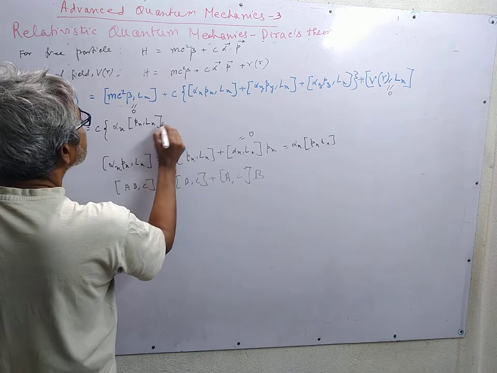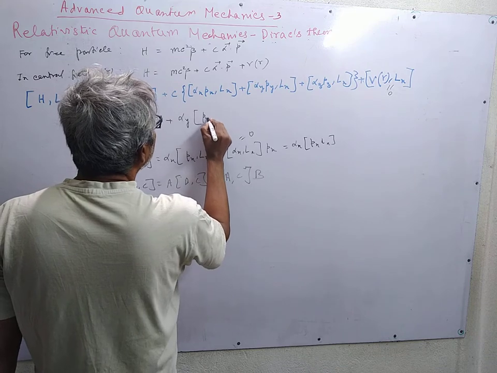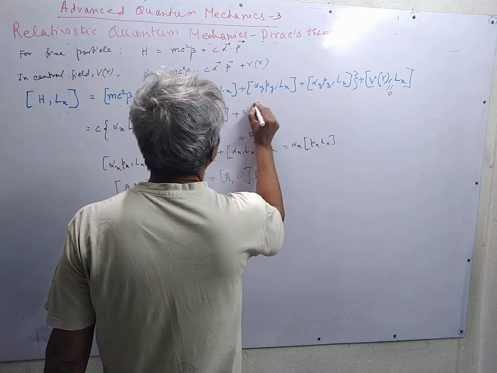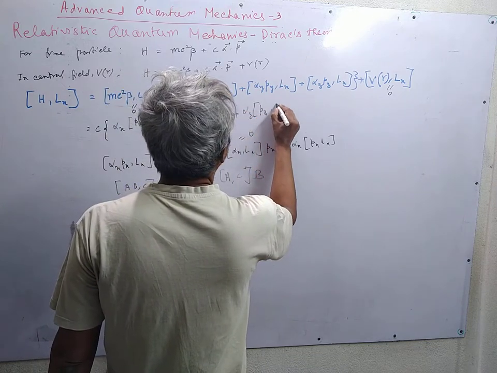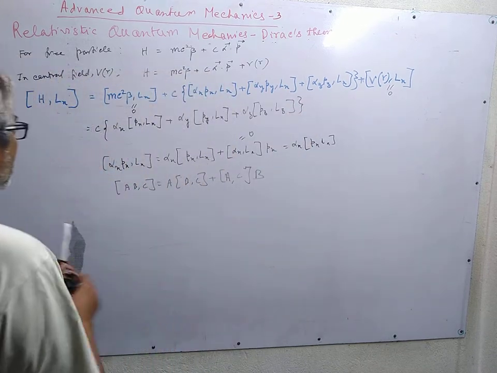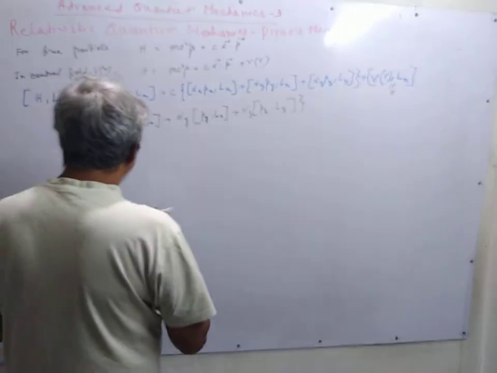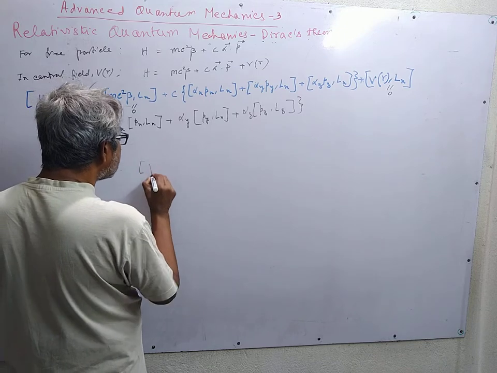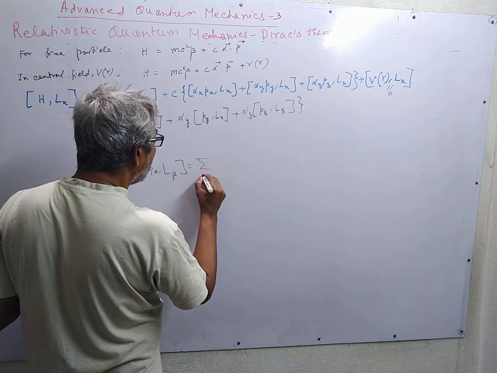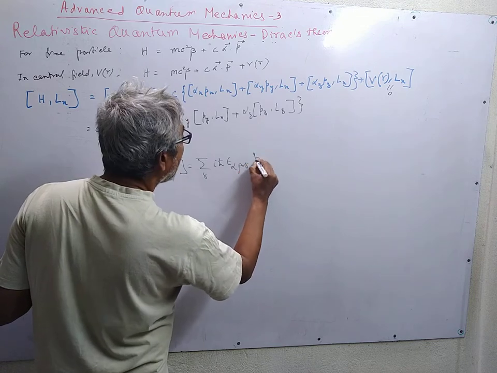so we write the first one is alpha x px Lx, the second term alpha y py Lx, and the third term alpha z pz Lx. Now we recall the commutator algebra that we have learnt in earlier classes, that is, the commutator of P alpha and L beta is equal to sum over gamma of i h cross epsilon alpha beta gamma P gamma.